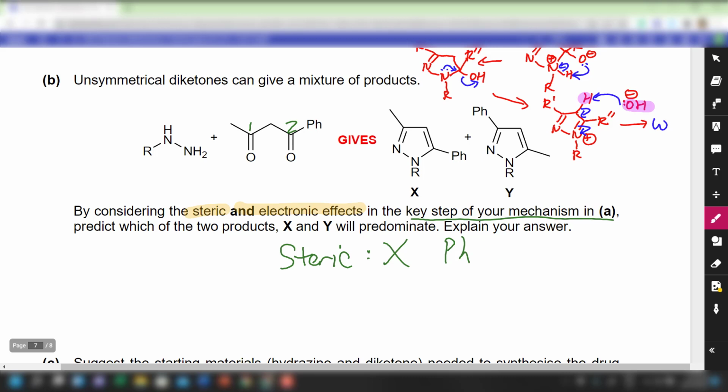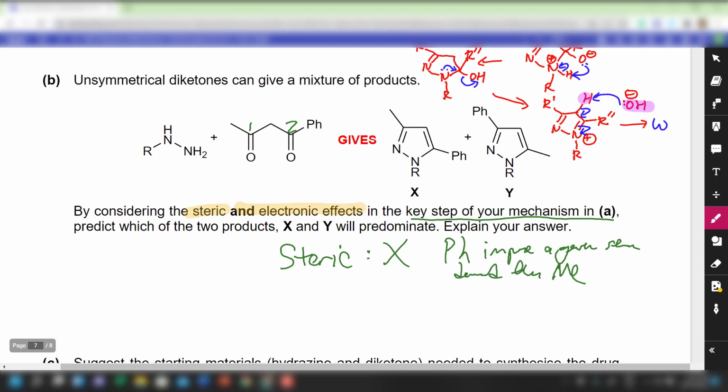It will impose a greater steric demand than methyl. So if we look at steric effect alone, then the nucleophilic attack on carbonyl carbon 1 will be preferred over carbonyl carbon 2.